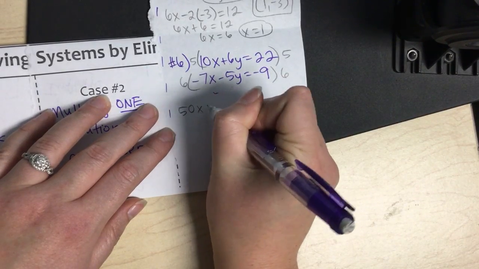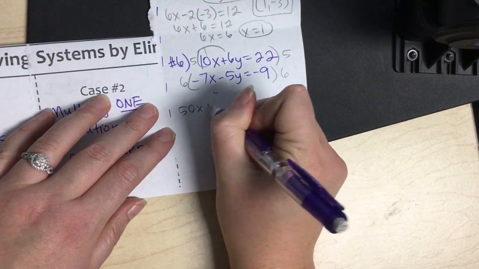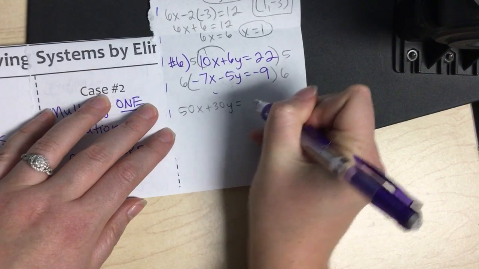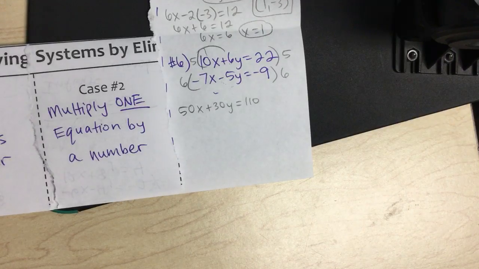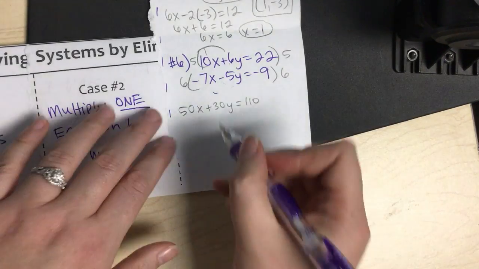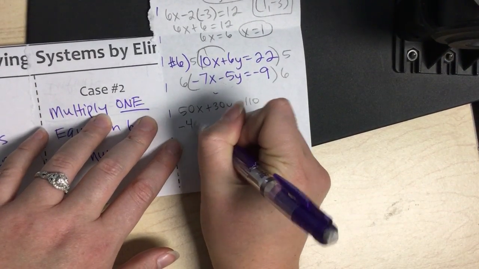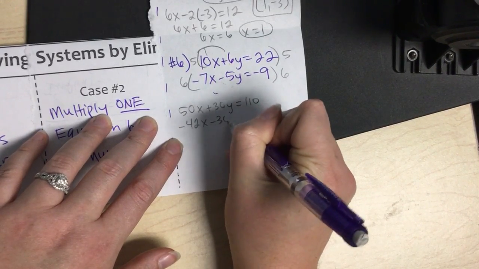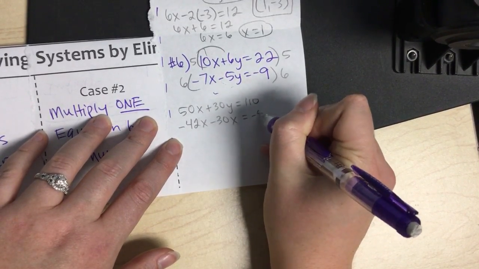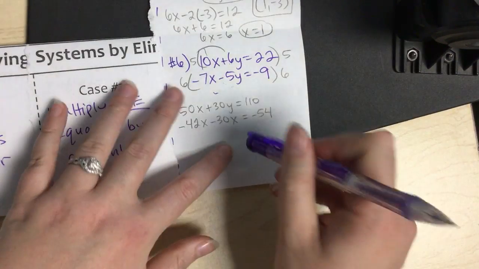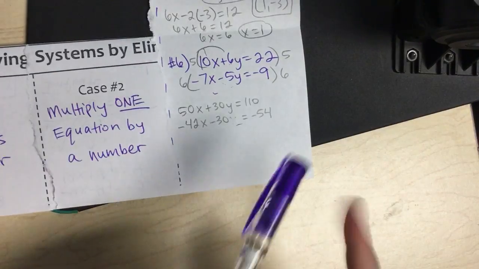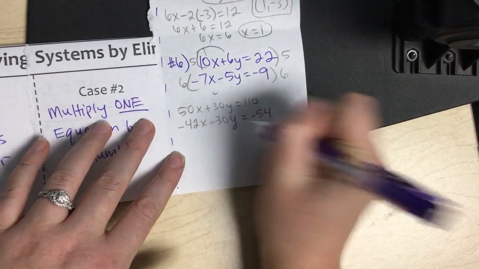We've got 50x plus 30y equals 110. And the bottom equation, we've got negative 42x minus 30y equals negative 54. Oh, I meant y. All right, there we go.